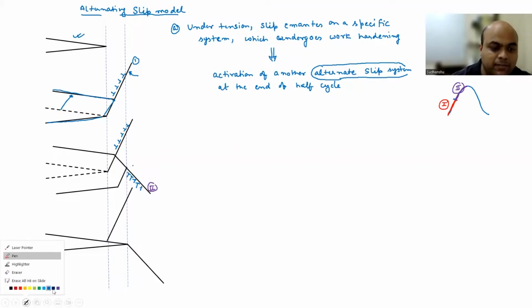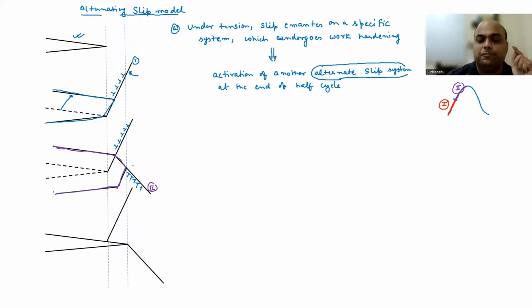And now your crack becomes this. So instead of what we just discussed in the plastic blunting model, where on both the slip systems you have slip emission taking place, this alternating slip model predicts that the first slip system gets activated and work hardening takes place, and then activation of another alternate slip system occurs at the end of the half cycle. Okay.